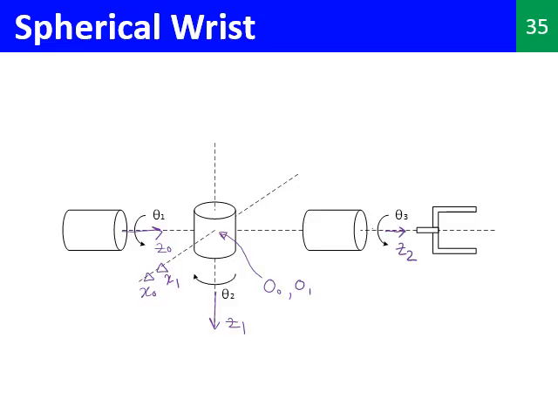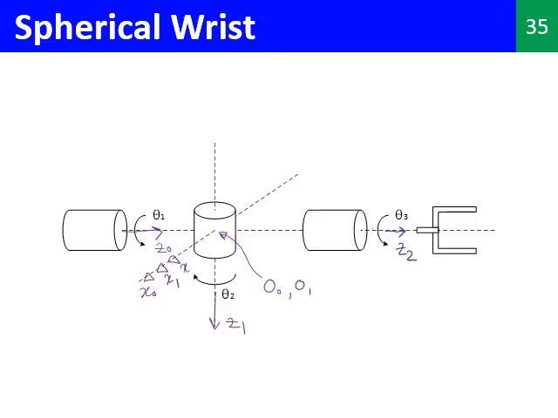Alright, next, if we look at Z1 and Z2, they are again intersecting at that common point. Therefore, X2 would also be coming out of the slide or going into the slide at that intersection point, and I'm going to choose X2 similar to X0 and X1.